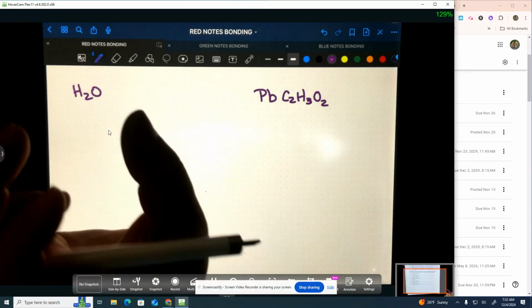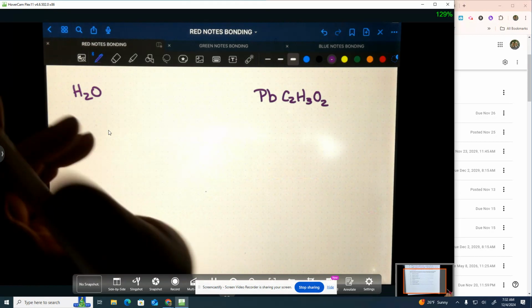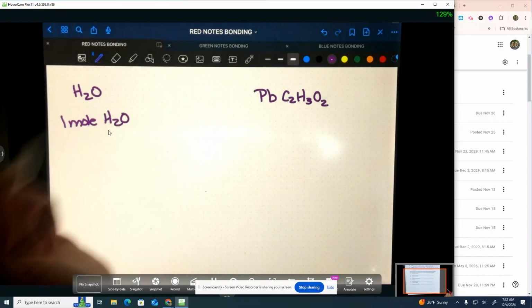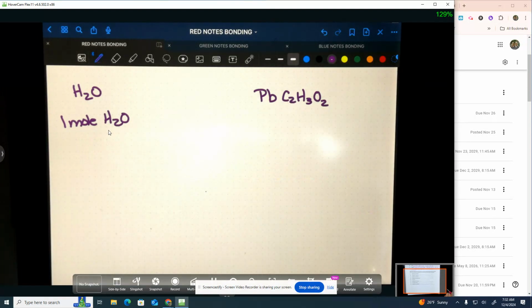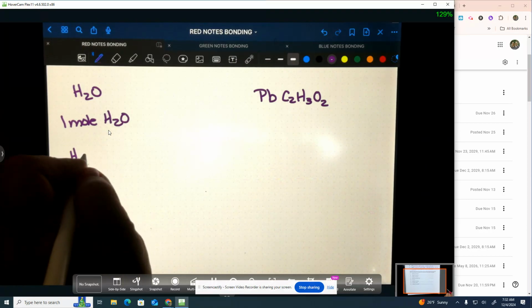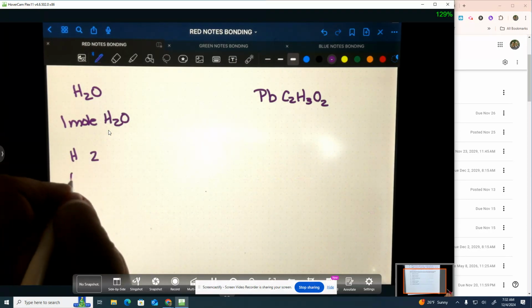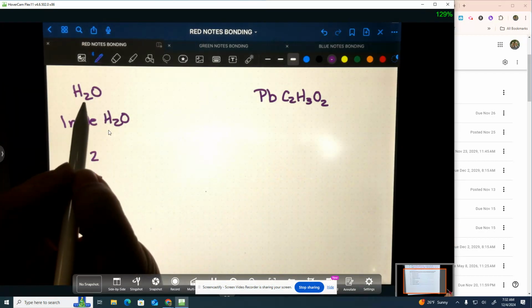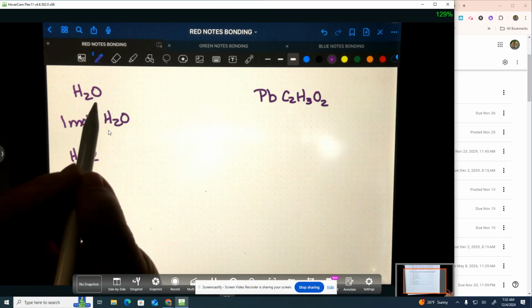When we measure a mole of something, so this is 1 mole of water. I want to know how much 1 mole of water weighs. You have your periodic tables in front of you? It's not that hard. In 1 mole of water, you've got 2 hydrogens and 1 oxygen.